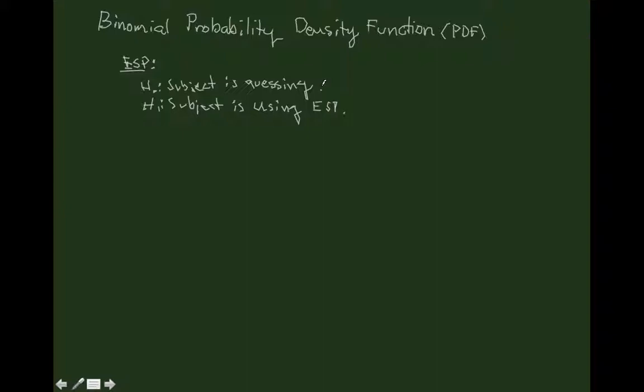So the null and alternate I'm going to use here is the null is going to be the subject is guessing. The alternate is going to be the subject's using ESP. And to keep things a little bit simple to start off with, we're only going to give the subject 4 guesses. And we'll use 5 cards as in the classic experiment.